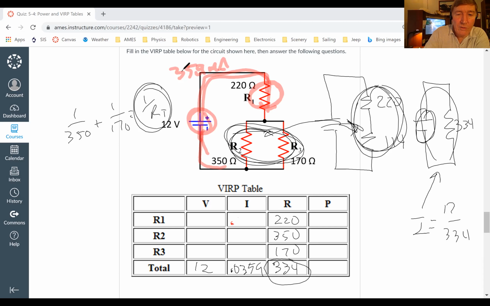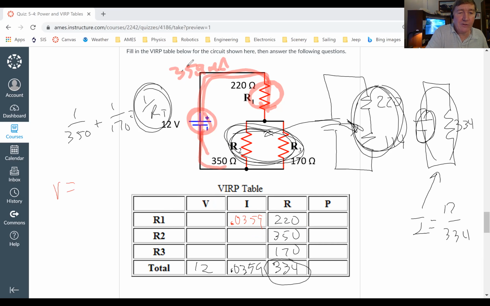So 0.0359. So now that we know the current flowing through R1 and we know how many ohms R1 is, we can use that to figure out what is the voltage drop across R1. Okay, so you see how VERP tables are actually kind of helpful. We can really understand things a lot better.